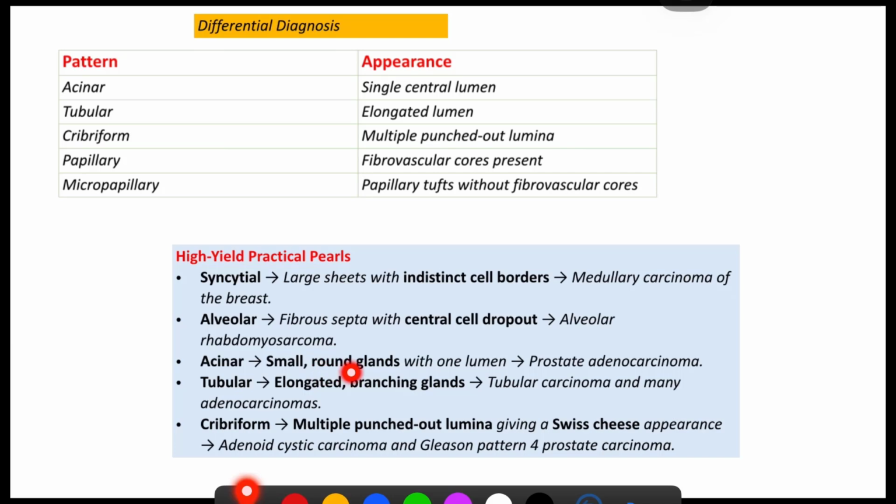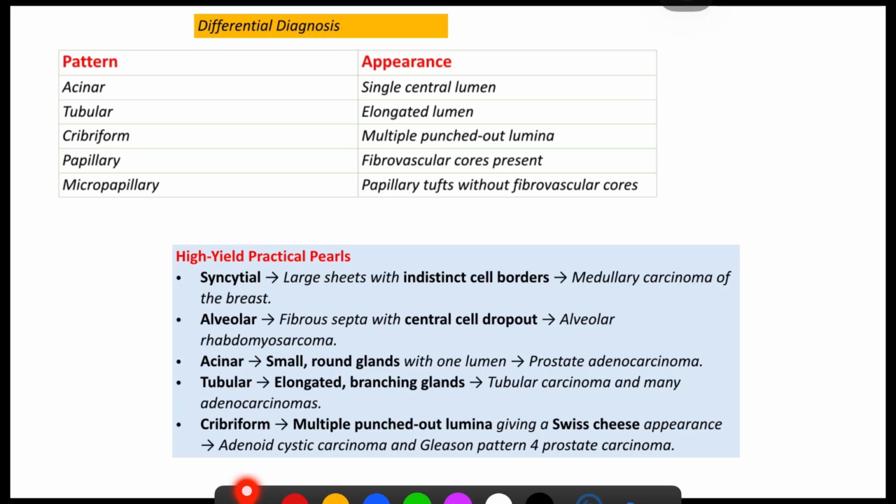Acinar pattern: small round glands with one lumen, as in prostate adenocarcinoma. Tubular pattern: elongated branching glands, as in tubular carcinoma of breast and tubular adenoma as well as carcinoma of GI tract. Cribriform pattern has multiple punched out lumina giving a Swiss cheese or sieve-like appearance, mostly in adenoid cystic carcinoma and Gleason 4 prostatic carcinoma.